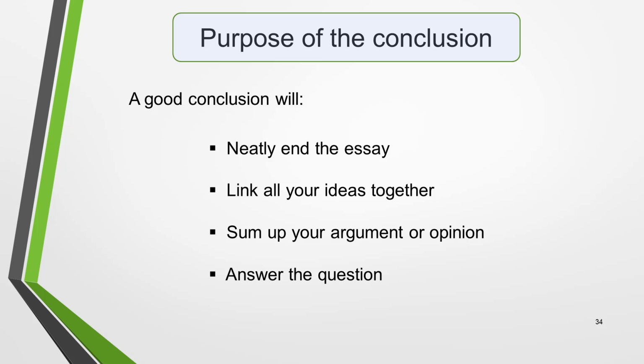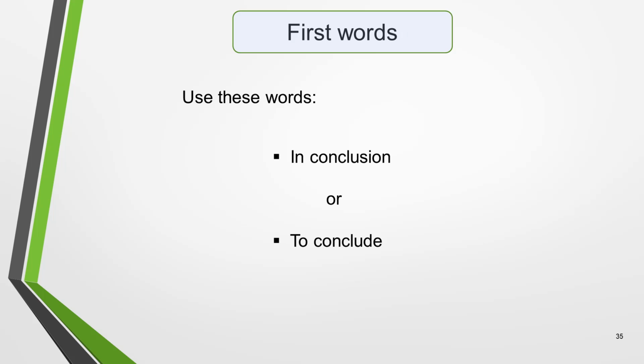Without a conclusion, you'll score below band 6 for task achievement. You can start almost any final paragraph of a task 2 essay with either the words "in conclusion" or "to conclude." Then all you need to do is briefly summarise the main ideas into one sentence.